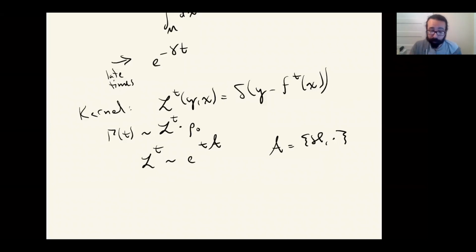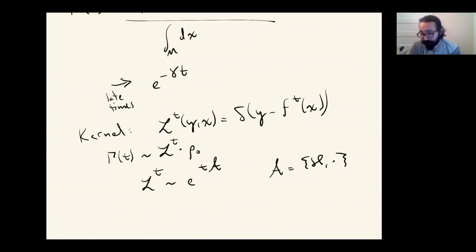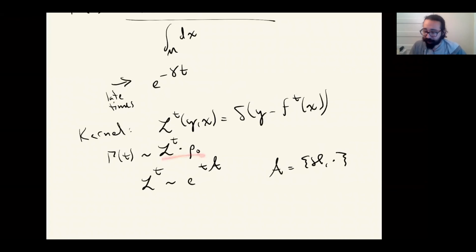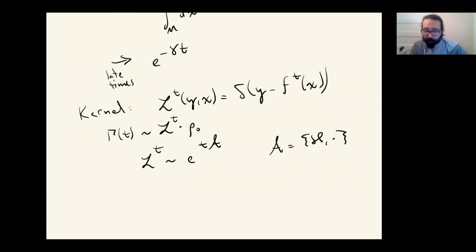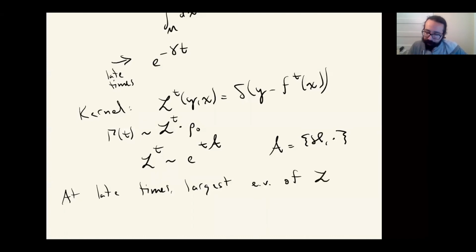And so, since we're probably all experts in quantum mechanics and QFT and how to deal with operators acting on stuff, we can just say that at late times it's the largest eigenvalue of L_t that dominates the time dependence of gamma.